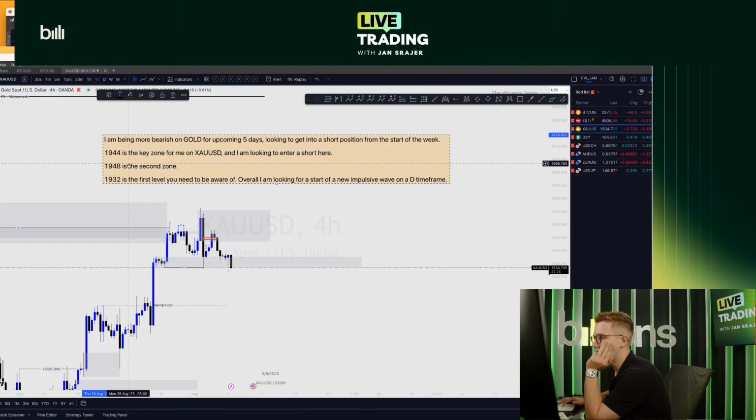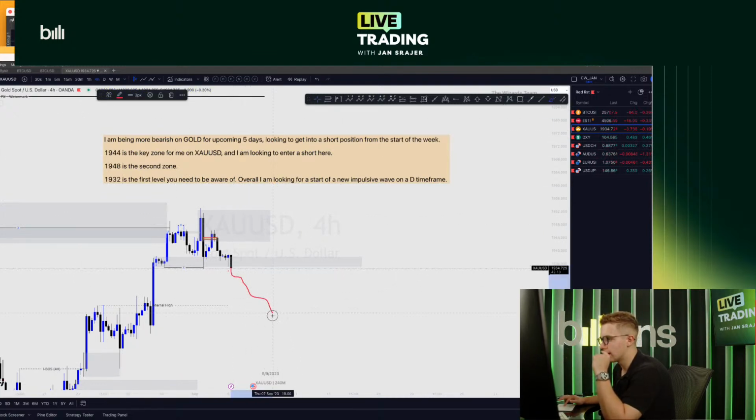The levels we are paying attention to were 1948 and 1944. 1944 was overrun by approximately $2. That can happen, but we are getting moved down. Now, overall on gold, the likelihood of filling this gap is kind of high. So gold is probably moving to 1932 first, but then we are going to 1923.